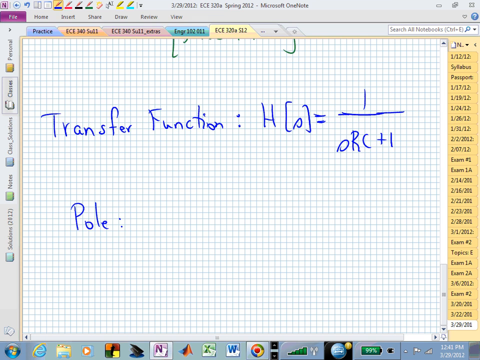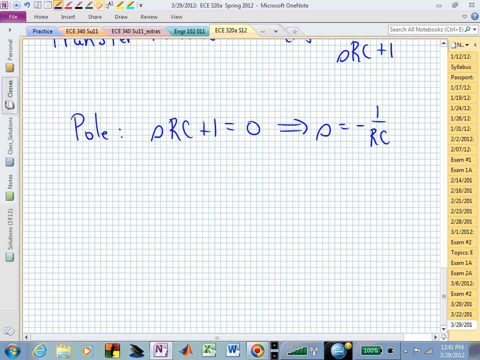In this case, we are looking for those values of s that satisfy this equation or make the denominator vanish. And our pole is then at minus 1 over RC, which, to just give you this visual, here's our s-plane.